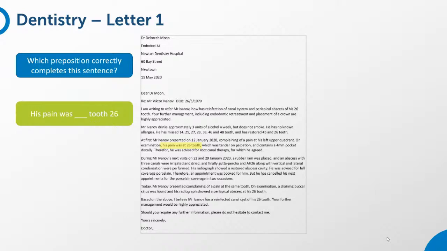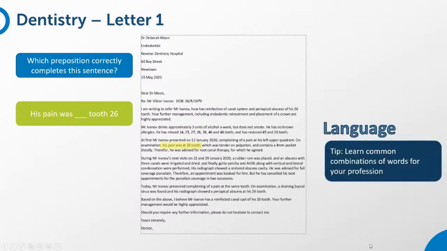That's another little clarification. If we're talking about the location of the pain, we would say on the left side, but that's because of the rule that goes with sides of the body rather than that being pain as such. So if you're talking about an organ or a body part, the pain is in that area. And that's the tip that I have for this question.